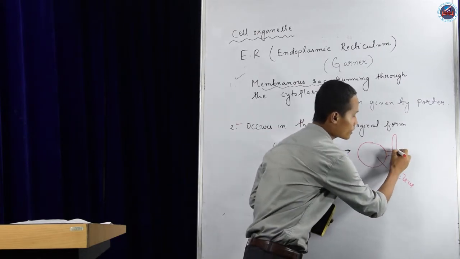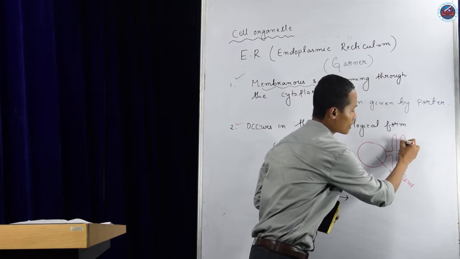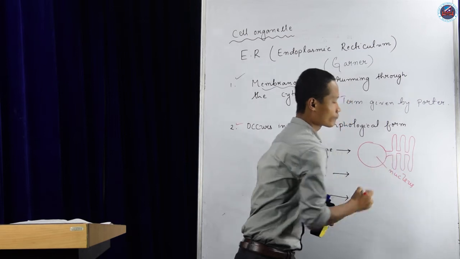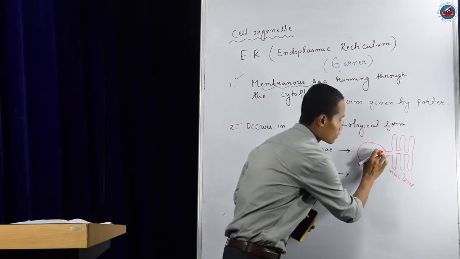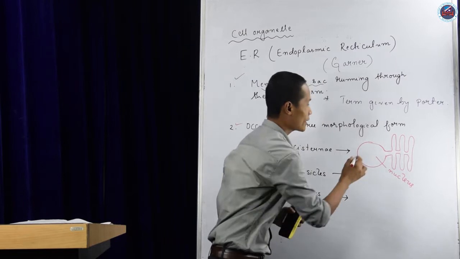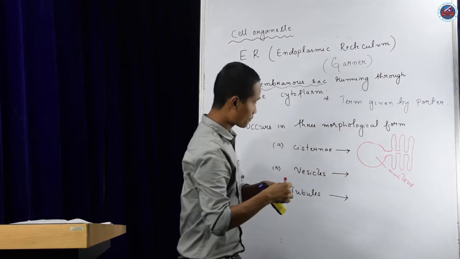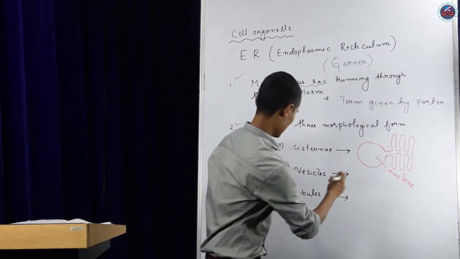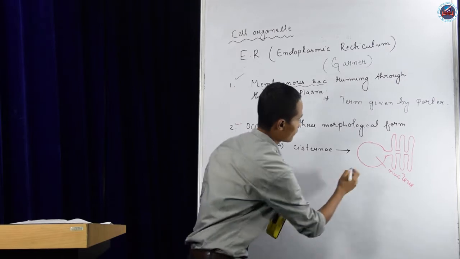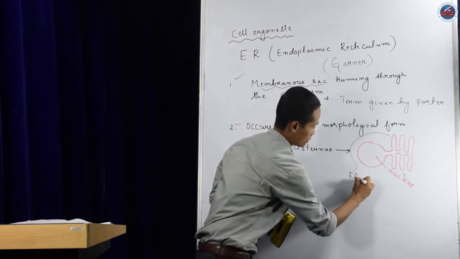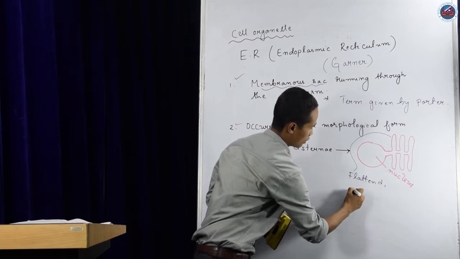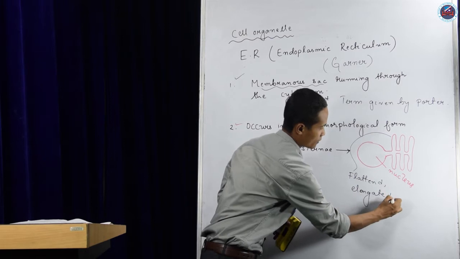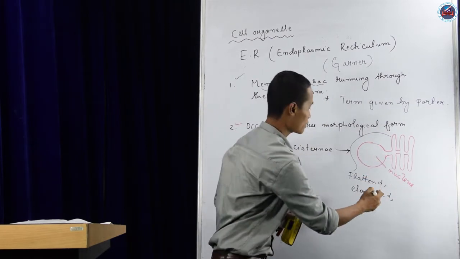Now again there will be an attachment, another cisternae, so there will be an extension like this. This cisternae is flattened and elongated, and it is unbranched.